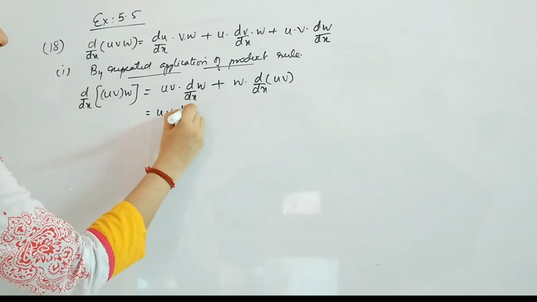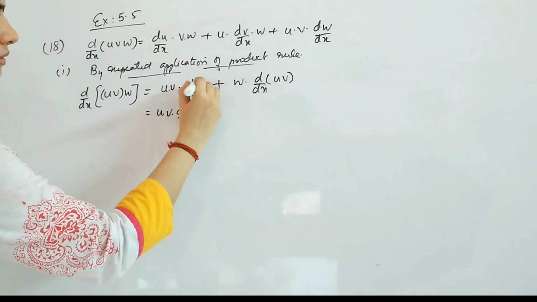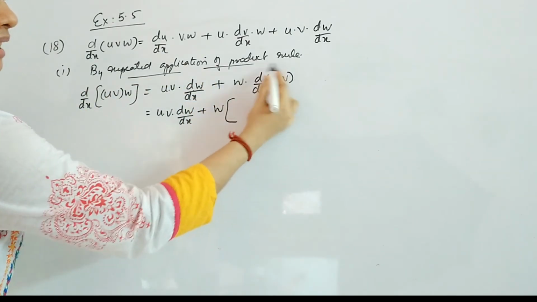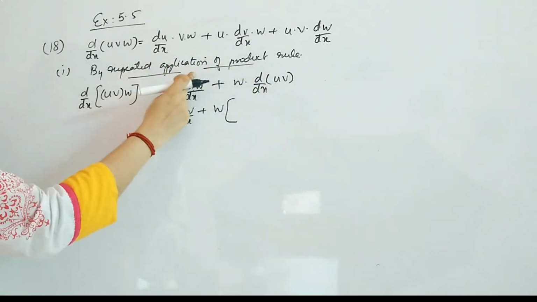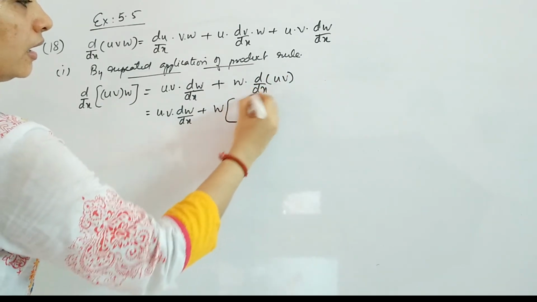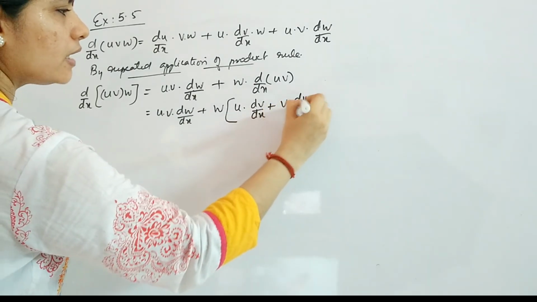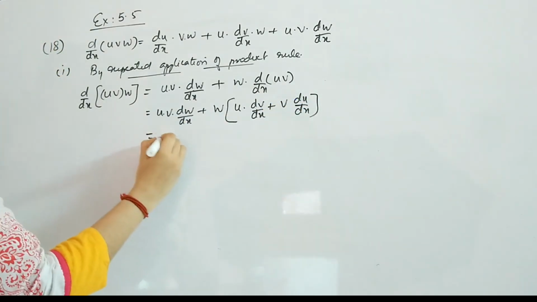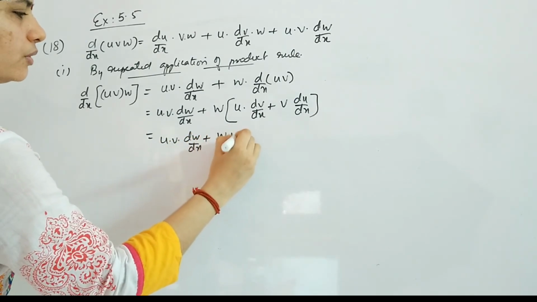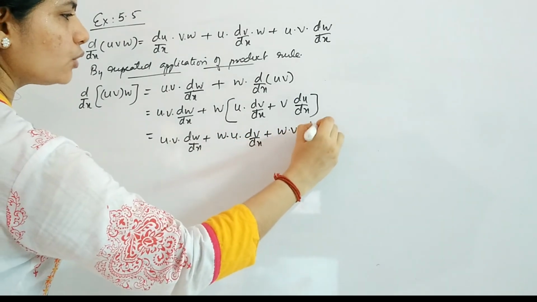Here it will be u into v into dw by dx plus w into, we are applying product rule again. That is the meaning of repeated application of product rule. So d by dx of uv will give you u into derivative of v plus v into derivative of u. That is uv dw by dx plus wu dv by dx plus wv du by dx.